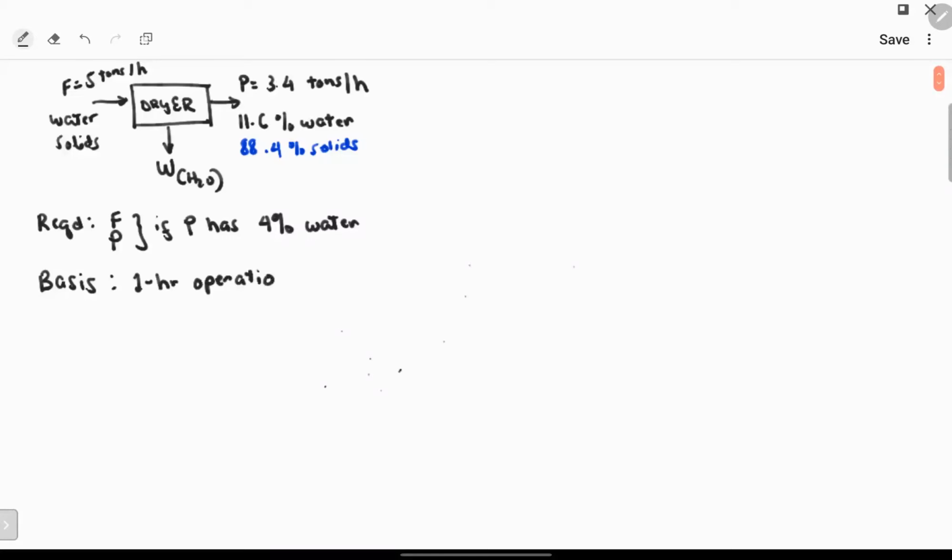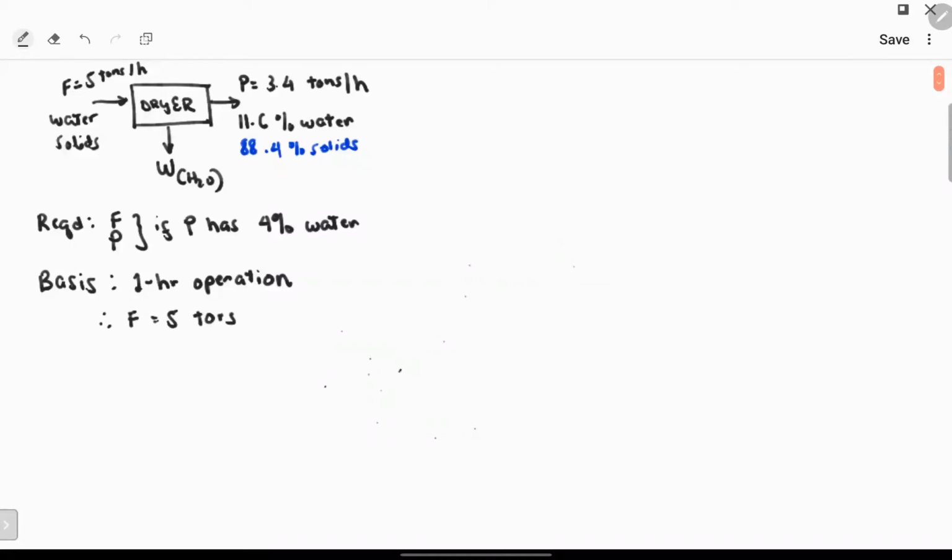Since may 1 hour operation tayo na basis, kasi you can actually use 24 hours or 1 day or even 1 month. Kaso nga lang, mababago yung value ni F and P. So that's why you stick to 1 hour operation. So that simply means na in our succeeding calculations, hindi na natin kailangang mag-put ng per hour kasi nag-basis tayo ng 1 hour. So ang amount ni F natin therefore ay 5 tons.